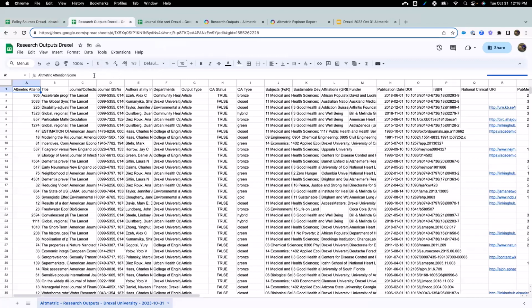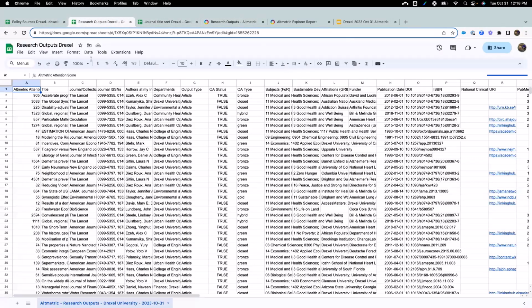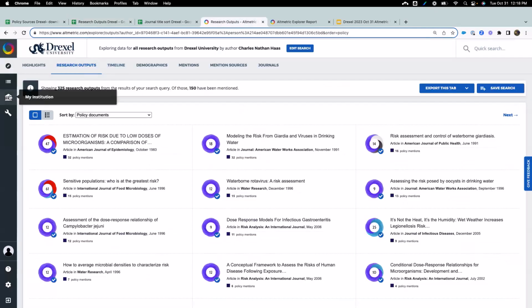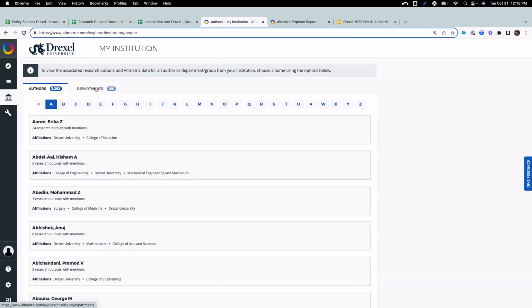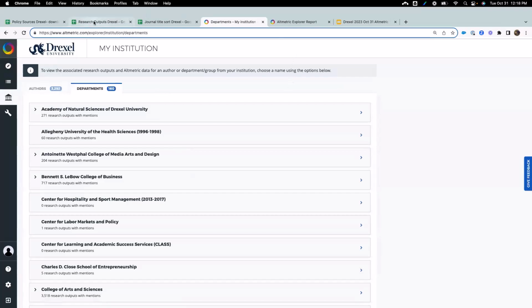So for example, if I did it at the research outputs level, like at this level here, you would get this really rich file: the output score, the title of the particular article, the journal it was published in, the ISSN, the authors at my institution, and the different departments that they're affiliated with. And these departments come from your department view. When we're out here, it comes from this view right here. So this is where we would have gathered that information affiliated with the research.